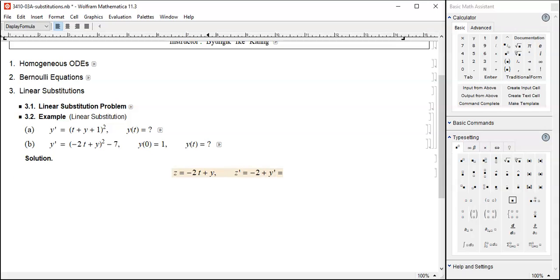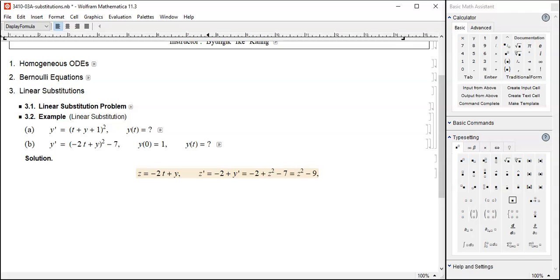But then again, what's y prime? Y prime is this. So we have negative 2 plus y prime, but that's z, isn't it? So this whole thing is z squared. Simplify just a little further: z squared minus 9. That's what we get.